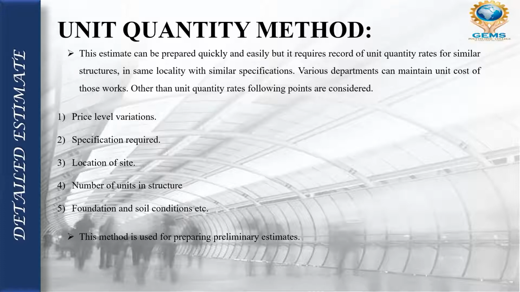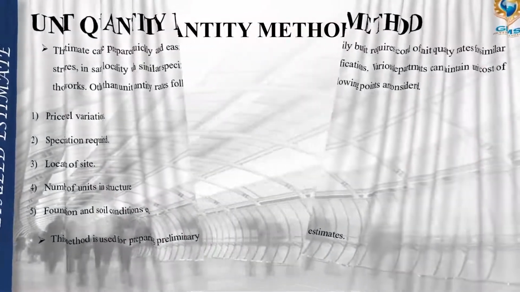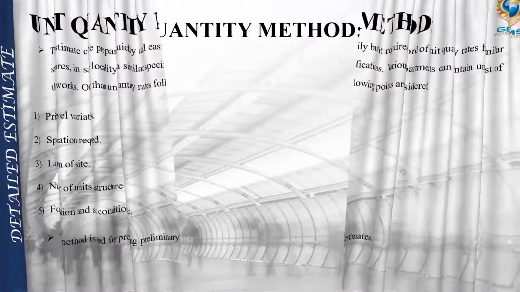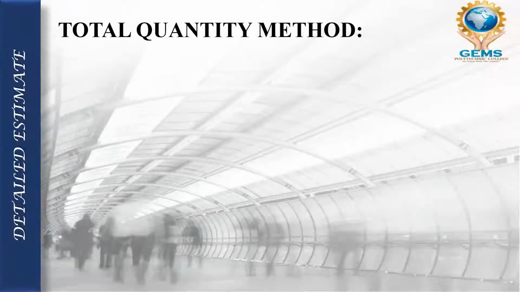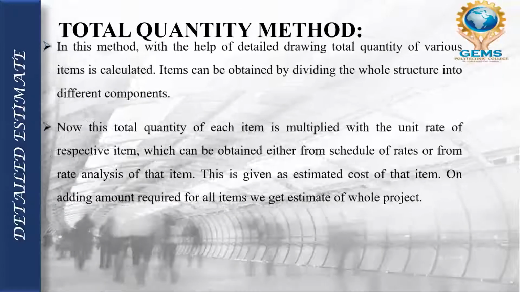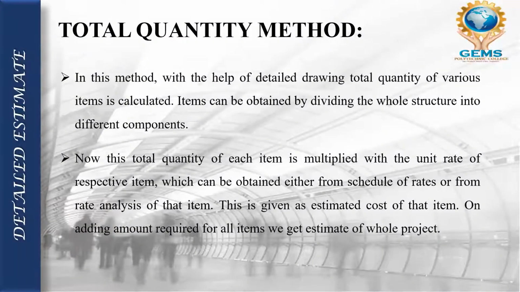So the next one is the total quantity method. What does total quantity method mean? This can be done with a detailed drawing. In this method, with the help of a detailed drawing, the total quantity of various items is calculated.